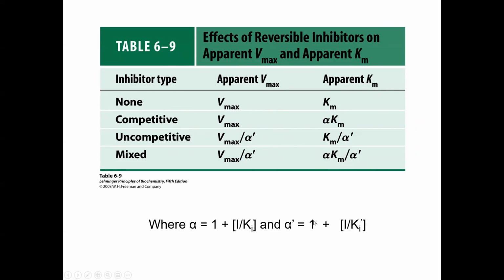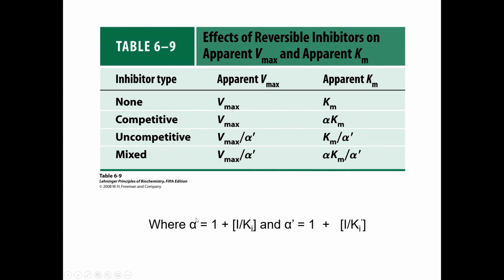Alpha prime is defined as 1 plus I divided by big Ki prime. That's the mathematics. But the key is to understand that when you have a competitive inhibitor, your Vmax doesn't change, but Km does change by a parameter alpha, and alpha is related to the inhibitor concentration and inhibition constant by this equation.